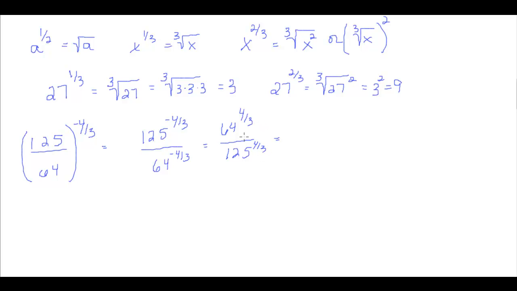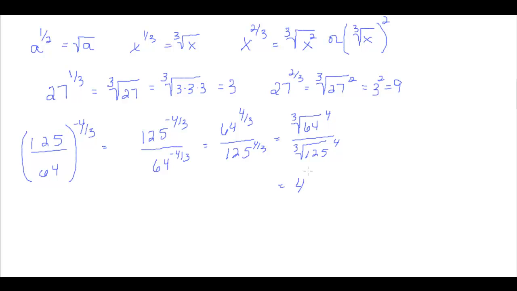Now apply what this means. This means the cube root of 64, to the 4th power, over the cube root of 125, to the 4th power. I can take the cube root of 64. That's actually going to be 4, because 4 times 4 times 4 is 64.